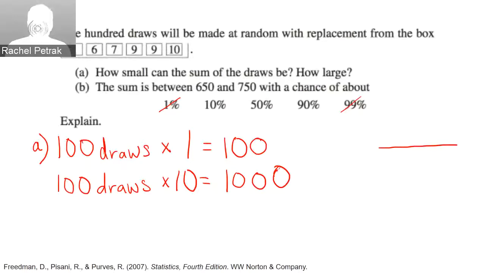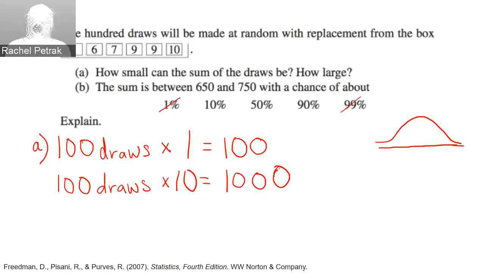And so we're revisiting that idea now. We can see that 1% and 99% would be way out here. And if this sum is between 650 and 750, that's somewhere in the middle range of the distribution.